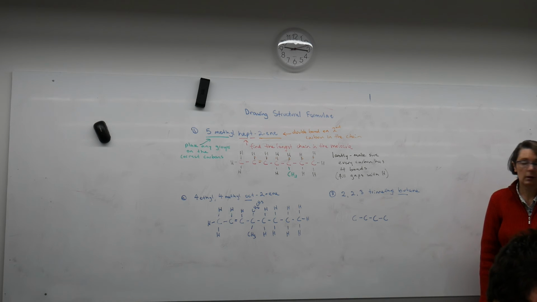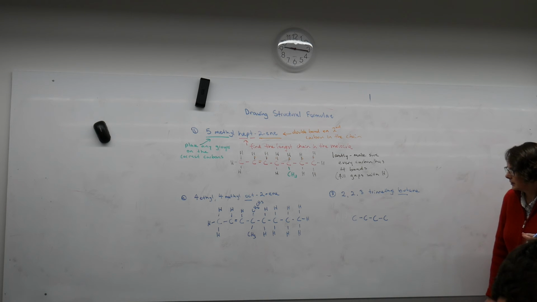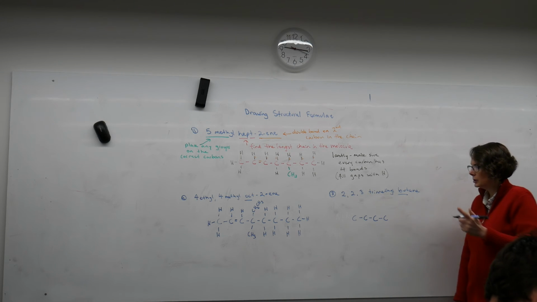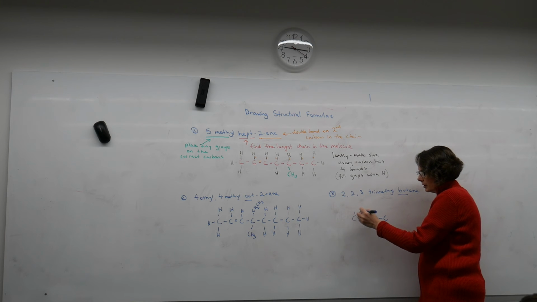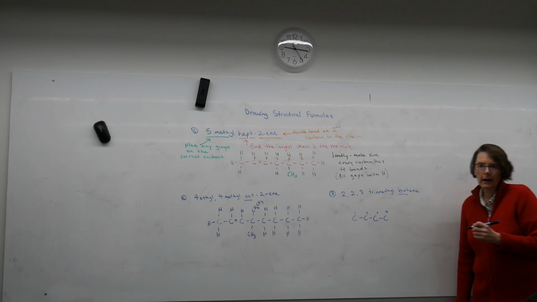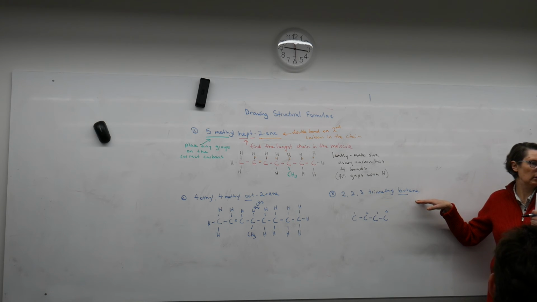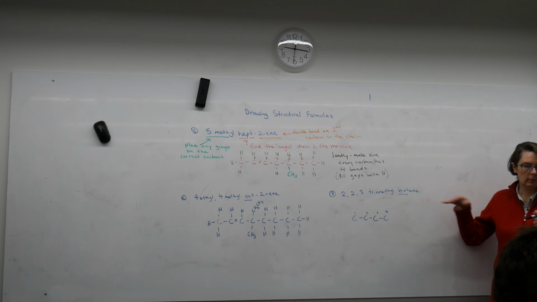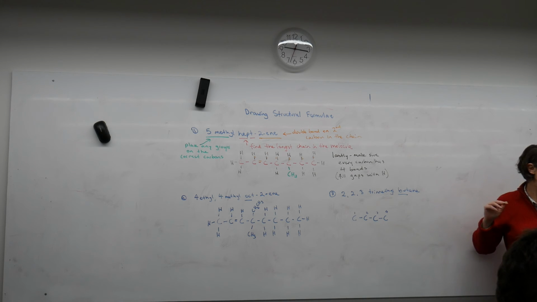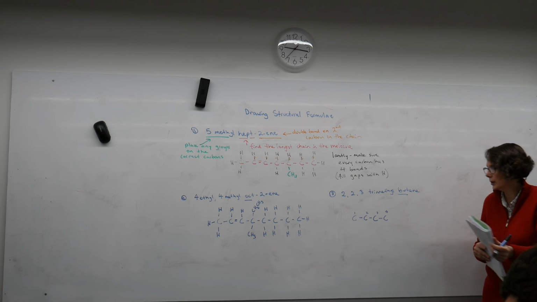Adding the methyls. Well, you're going to have 2 methyls on the second carbon and 1 methyl on the third. So we want to number the chain to do that. And even though you can look at this, because it's so short and you didn't think you needed to number, with the bigger molecules it's going to be important that you do number so that you keep track of where everything is going.